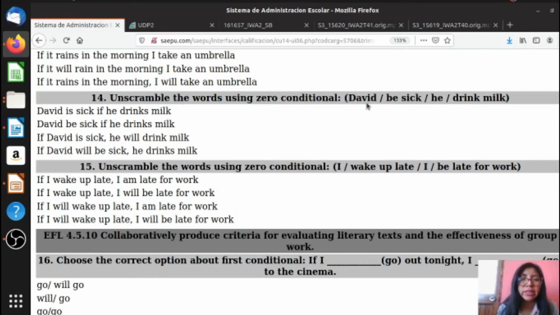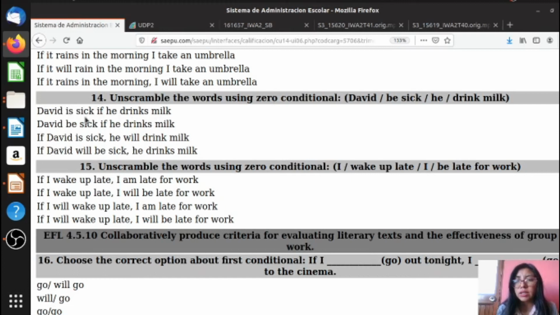Here you have the sentence: David be sick, he drink milk. So we have to unscramble in order to use zero conditional. So we have to change some words. David is sick if he runs. Okay, pay attention here. In this case, that is the answer because be is the base form of the verb. So in zero conditional, we have to conjugate it at the present simple. Okay, so David is sick if he drinks milk.